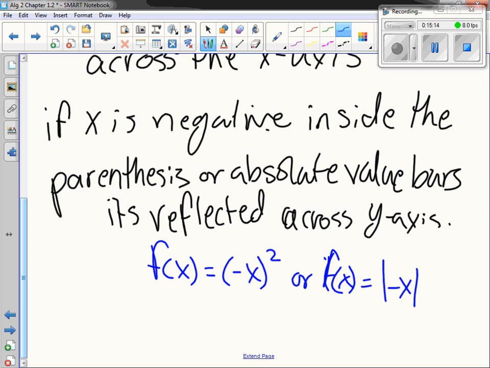Now for those functions that I wrote up there, if you were to graph them, you wouldn't see a difference because they end up graphing onto themselves. Any questions on any of these so far?